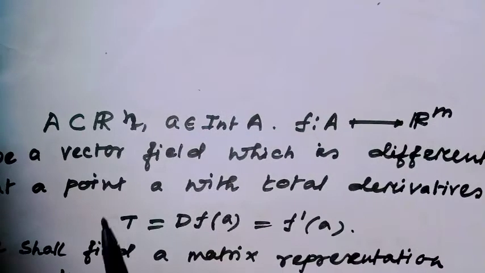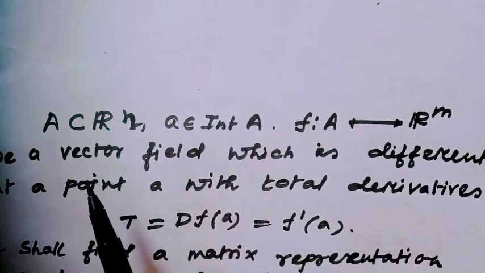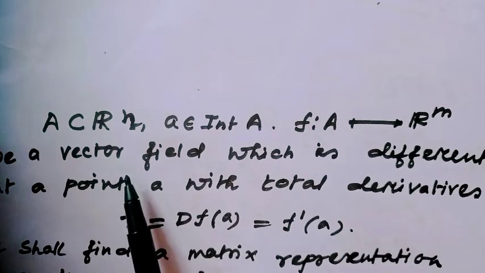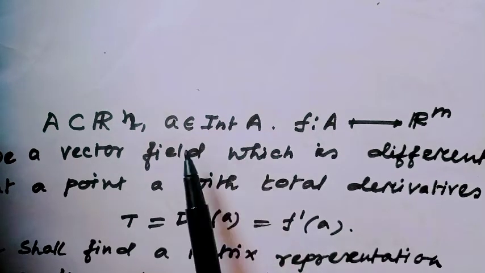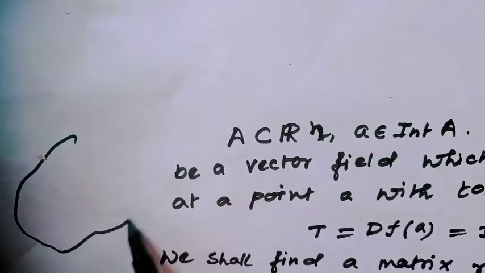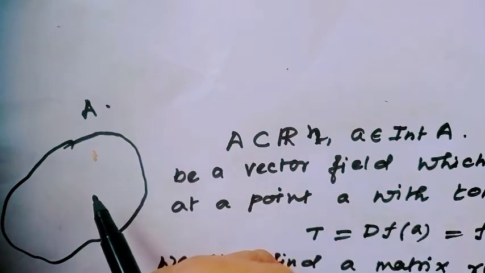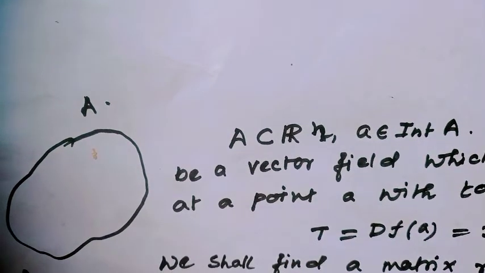Let A be a subset of R^n and let small a belong to the interior of A. We all know what the interior of A is. Consider this is A, which is a subset of R^n.